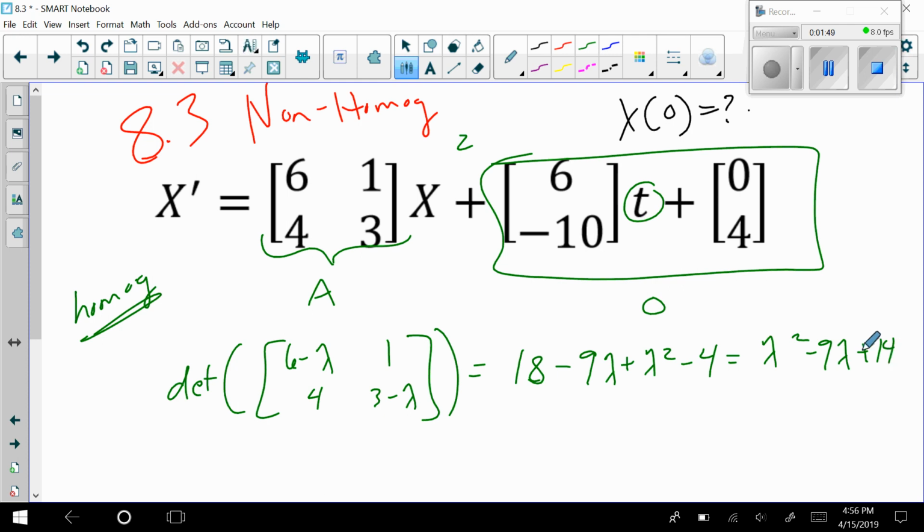Do I know factors of 14 that add to 9? Yeah, I think I do. It's 7 and 2. Solving, I would have lambda 1 equal to 7, like the last one, and lambda 2 equal to 2.